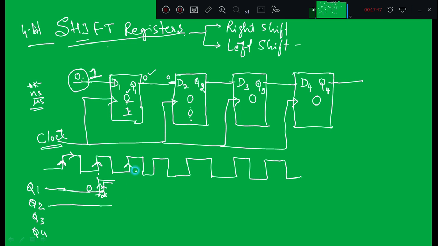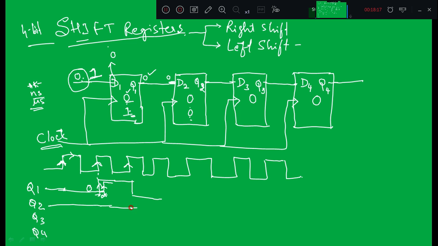So when I apply the third clock pulse, what happens now? If I make D1 equal to 0 again, this 0 will be loaded in the first flip-flop. That means Q1 will become 0. And this 1, which was the previous state of the previous flip-flop, will be shifted towards the right and loaded in the second flip-flop.